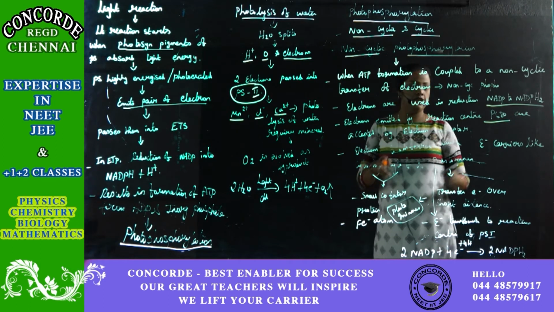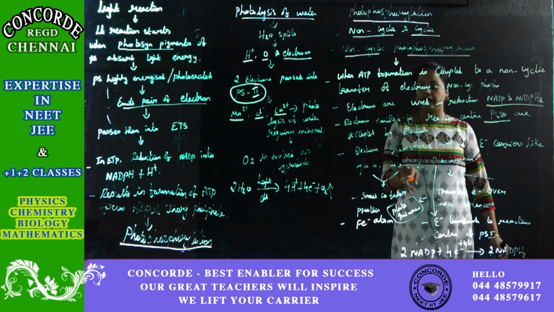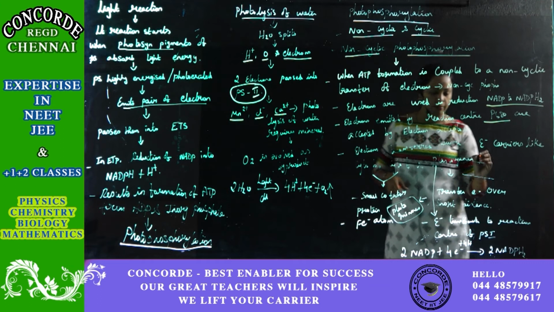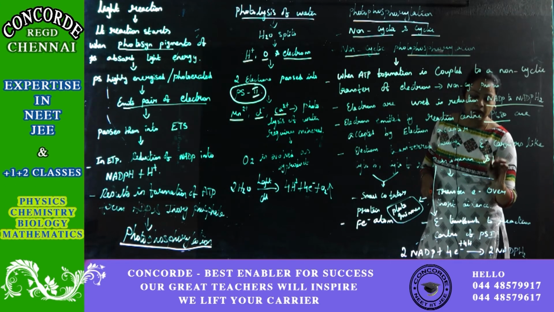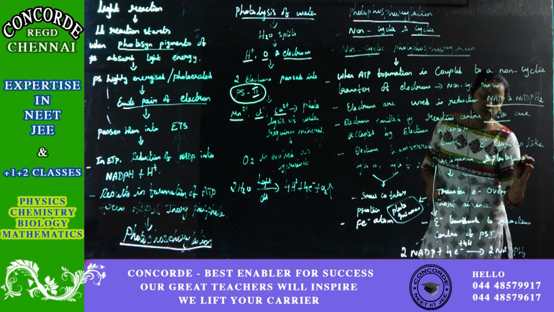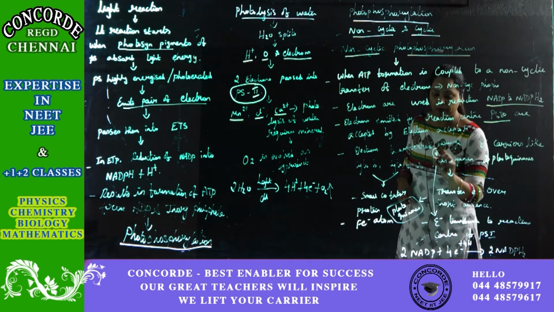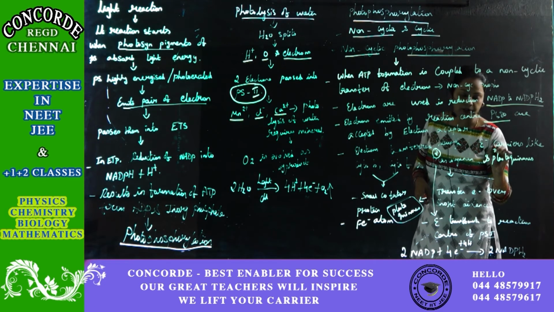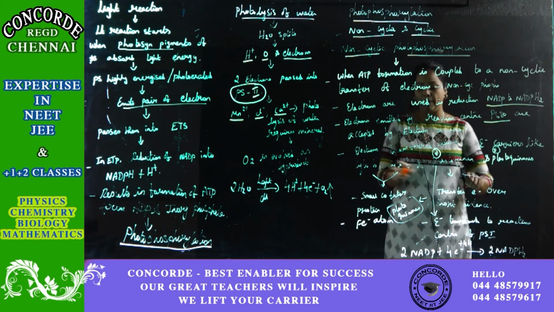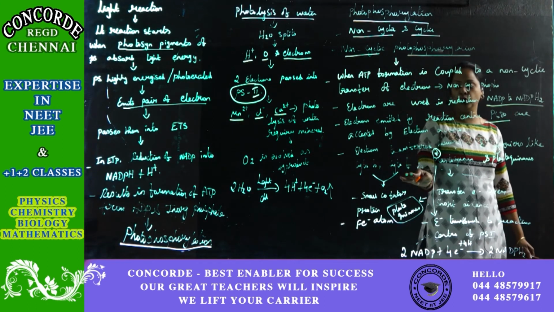Here the electron acceptors are cytochrome b, cytochrome f and plastocyanin. Of these, plastocyanin and plastoquinones are the two important electron acceptors. Apart from them, we have cytochrome b and cytochrome f.